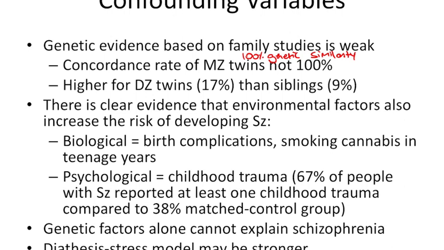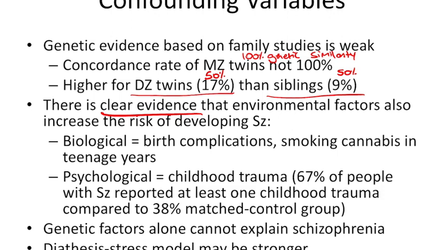Likewise, we see higher concordance for dizygotic twins, who share 50% of their genes, than siblings, who also share 50% of their genes. Because obviously, those dizygotic twins are sharing more aspects of the environment than siblings who were born at different times. Again, suggesting clear evidence here that the environmental factors are also important in determining risk.